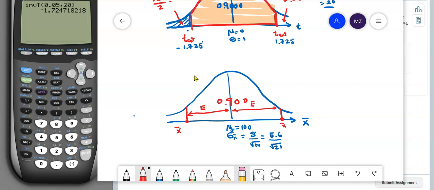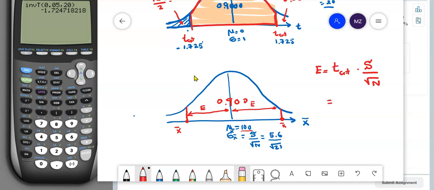And the error is going to be once you add it to the 100 and once you take it away from the 100. The error is always equal to t critical times the sigma or the s, for this case, divided by radical n. So you can calculate this value.